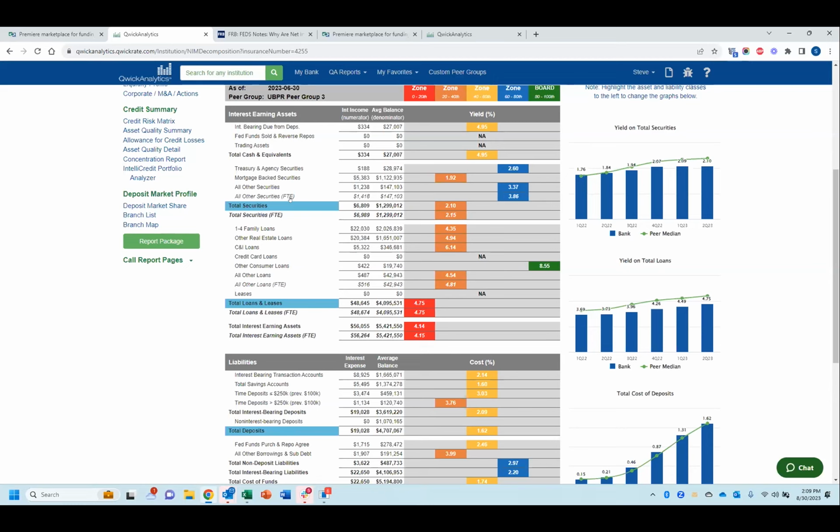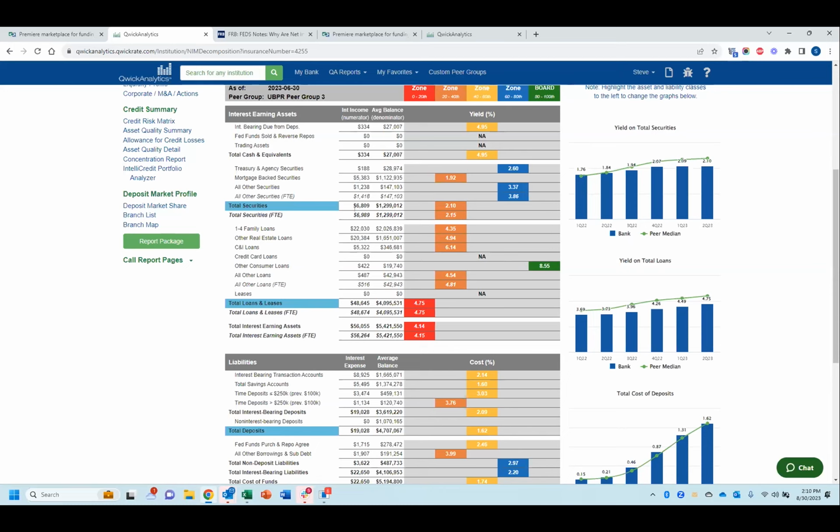When you're filing your call report, you're not calculating a whole bunch of FTE adjustments throughout your balance sheet and income statement. However, on the UBPR reports, which is a derivative report that the FDIC generates from your call reports, they do calculate a fully taxable equivalent adjustment for your securities portfolio and for your loan portfolio.